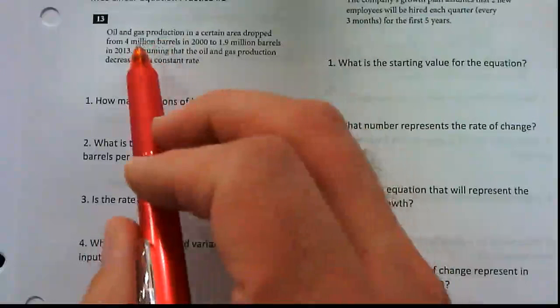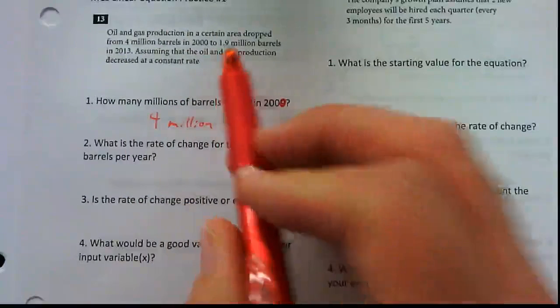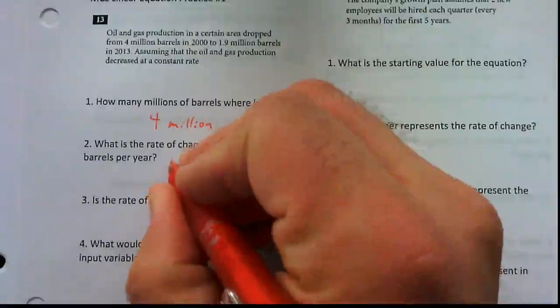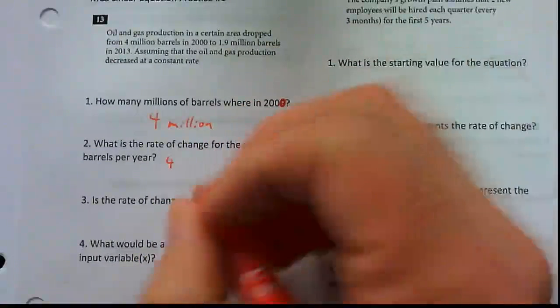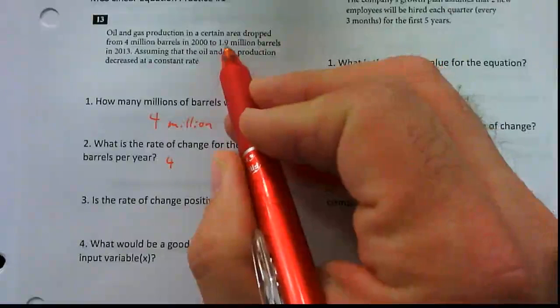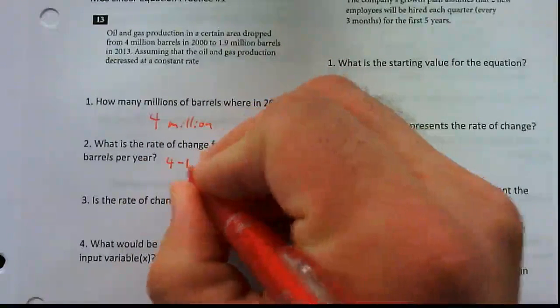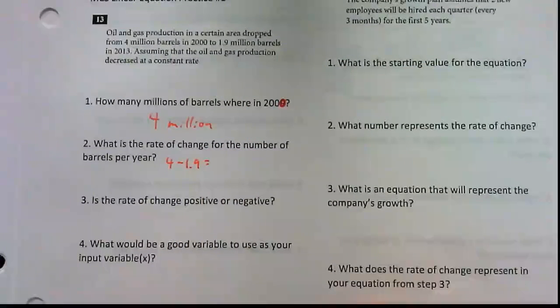So the change in millions of barrels, we went from 4 million, and again we went down to 1.9, so 4 minus 1.9 for a difference of what?